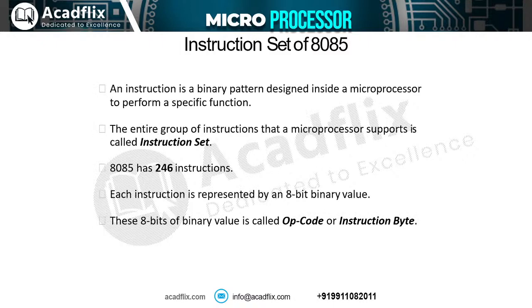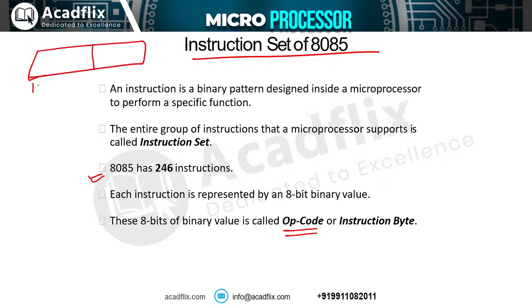In the 8085 microprocessor in total we have 246 instructions. We will not study all the instructions, we will see some of the important instructions of 8085. The set of instructions is called the instruction set. We have an 8-bit binary value, with an 8-bit opcode field.